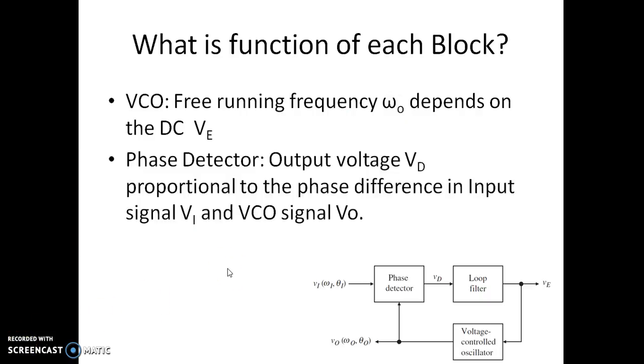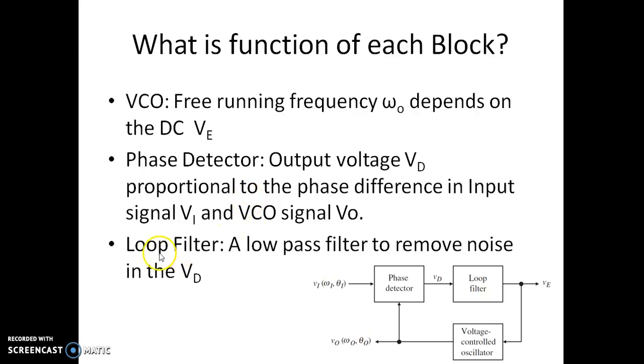Now let us see what the phase detector function is. For this phase detector block, the output voltage is VD. This is proportional to the phase difference of the input signal Vi and the VCO signal V0. So this VD is proportional to the difference in phase of theta i and theta naught.